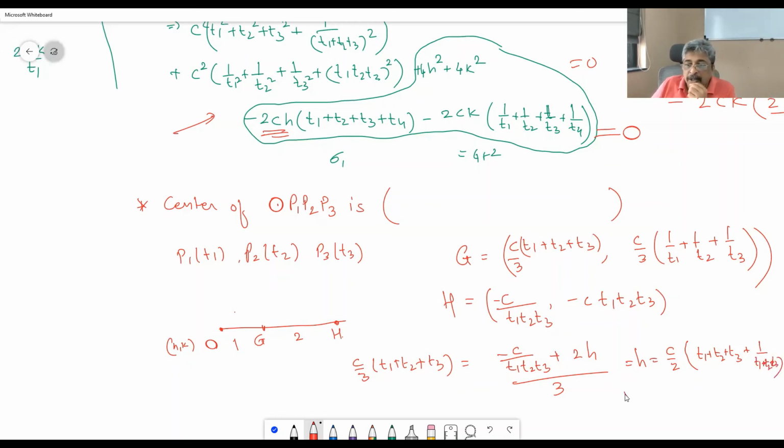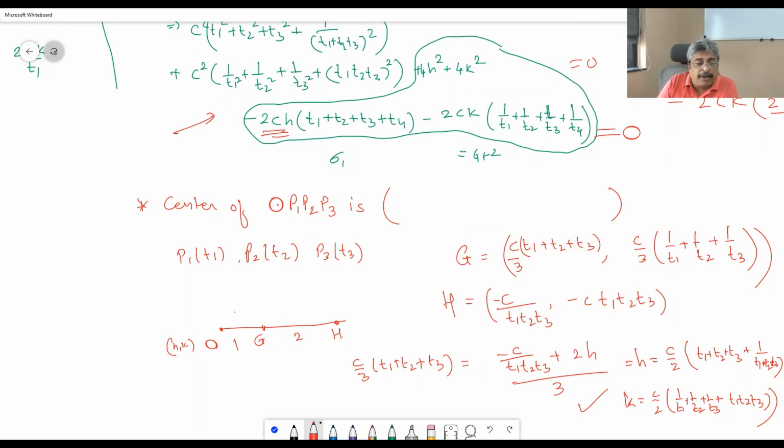Similarly, k also will come out as c/2 inside bracket 1 upon T1 plus 1 upon T2 plus 1 upon T3 plus T1 T2 T3. Very good idea. The OGH collinearity used effectively, and hence you get the center of the circle very quickly.